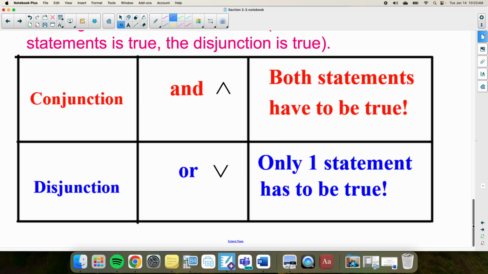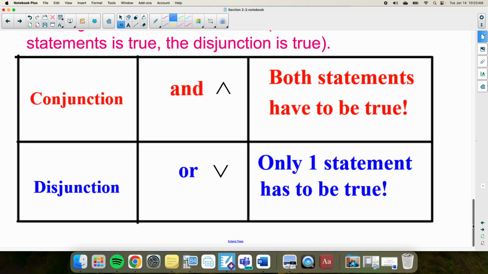And when it's connected with and, or that symbol, which is like an arrow pointing up, both of your statements have to be true for the whole statement to be true. So let's say that we said Mrs. Botten has 3 children and Mrs. Botten is a math teacher. Both of those are true, so my overall truth value would be true.